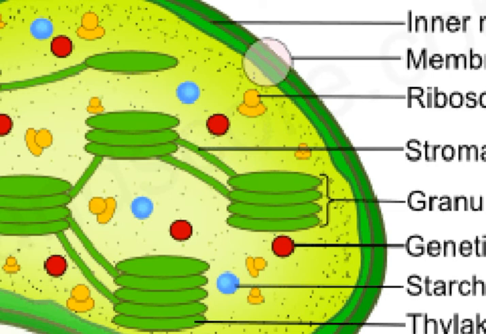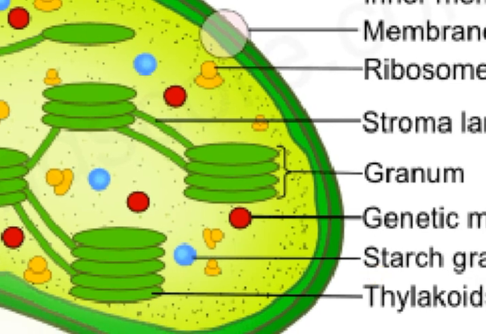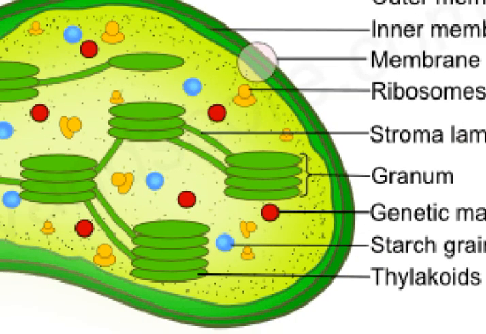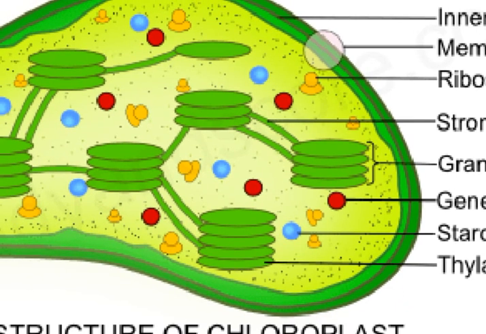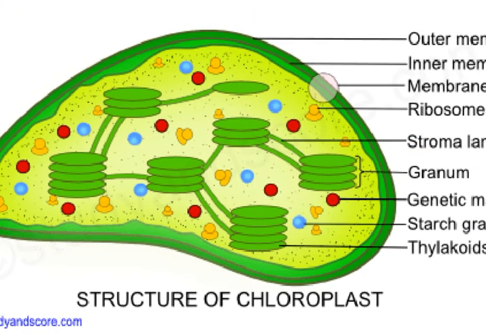All granums are joined with help of lamellae, or which is called as integral lamellae inside the chloroplast. Genetic material, starch grains are also present in the chloroplast, and this entire assembly or specialized structure is responsible for the purpose of performing process of photosynthesis.